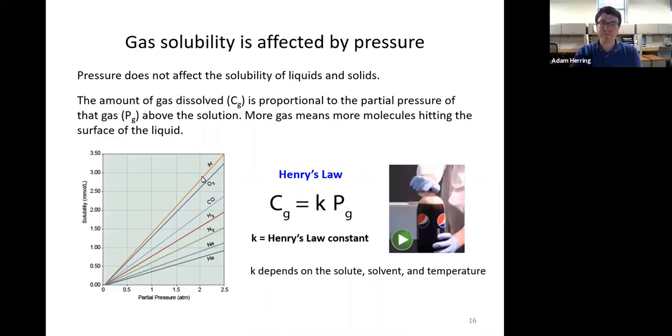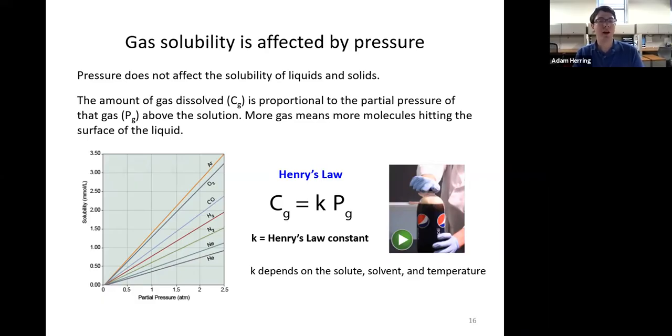Let's consider an example. If you have carbon dioxide dissolved in water, which is how you make soda, then what's done is to put a high amount of carbon dioxide into the bottle to pressurize it to a very high value. What this does is give you a very high partial pressure of carbon dioxide.